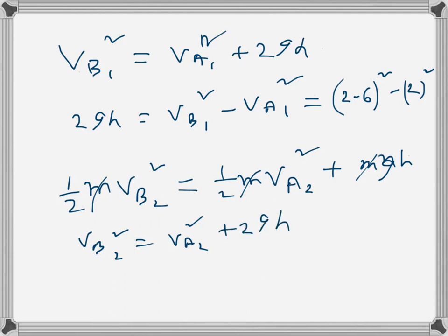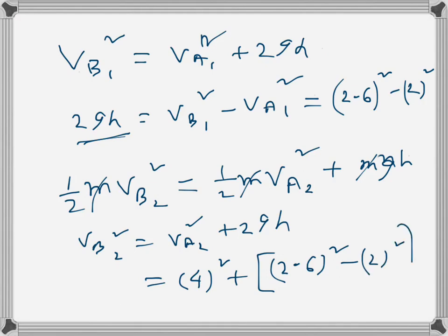Now we know what 2gh is. We don't know h, but we have found 2gh from the previous situation. So VA2 is 4, 4 squared, plus 2.6 squared minus 2.2 squared.